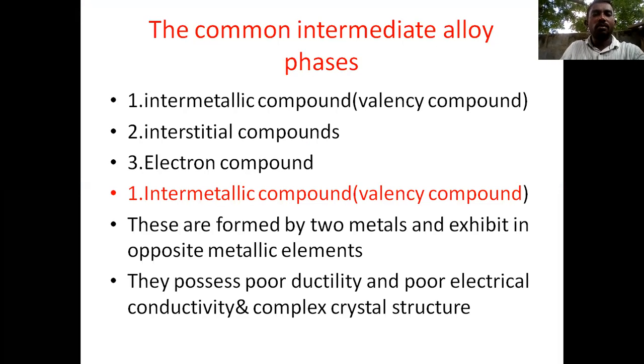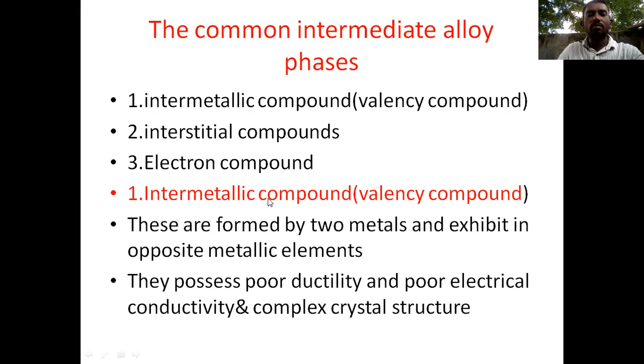First, the intermetallic compound, or we can call it a valency compound. These are formed by two metals exhibiting opposite metallic elements. The two elements are soluble in each other, but exhibit opposite metallic character. They possess poor ductility, poor electrical conductivity and a complex crystal structure.